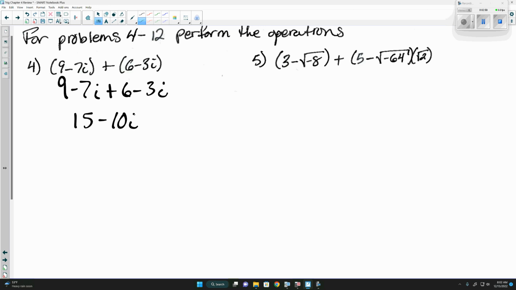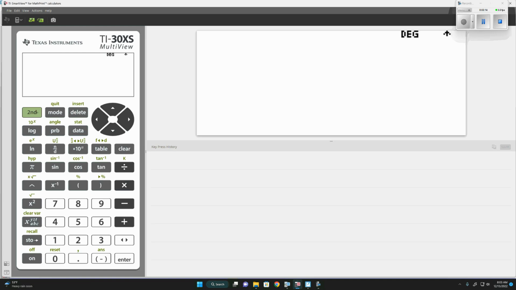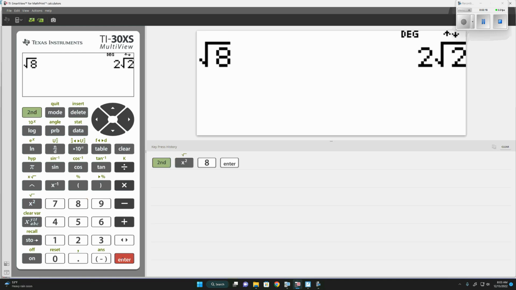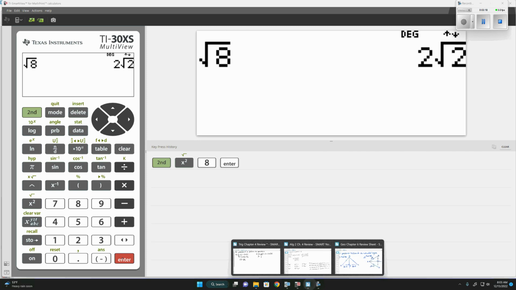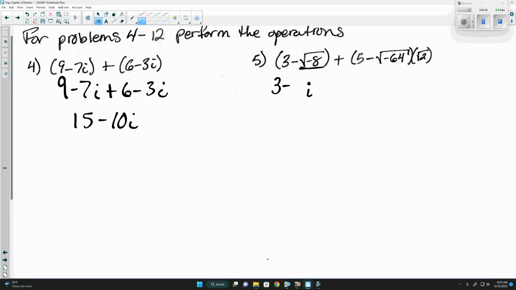Now number 5, we can look at it. Since this is plus, we can drop the parentheses, but we can also simplify some of this here. So the square root of negative 8, well, the negative is going to come out as i. Now in the calculator, we can plug in square root 8 and see that it's 2 square root of 2. So square root of negative 8 is going to be 2i square root of 2 plus.